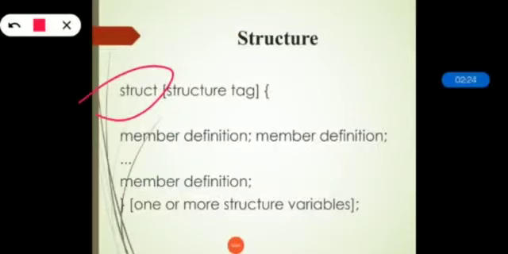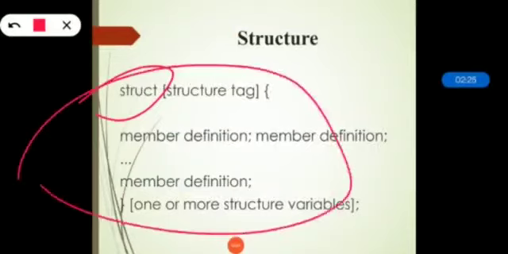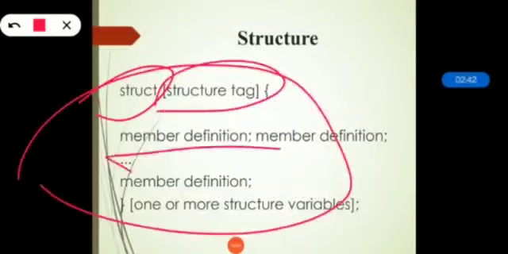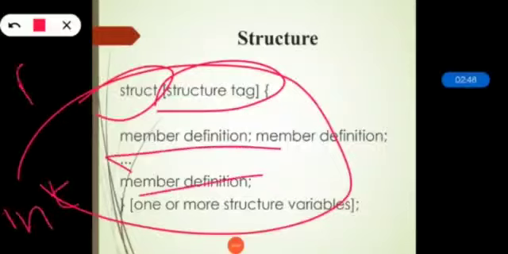The format of the struct statement is given here: struct tag, then the member definitions, and one or more structure variables. The structure tag is optional, and each member definition is a normal variable definition such as integer or float or any other valid variable definition.